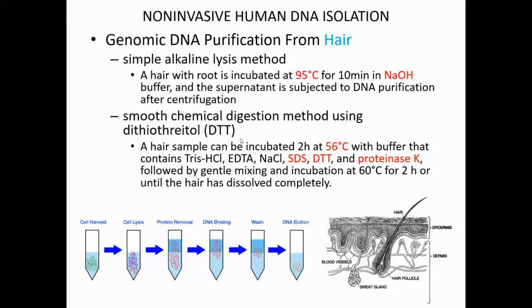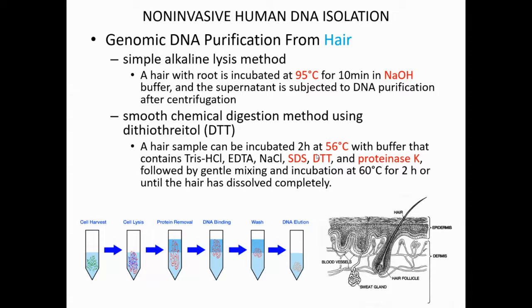So you have the hair with the root, incubate 2 hours at 56 degrees, all right? And then with the buffer, you see the proteinase K. And we have DTT. Did you see the DTT?